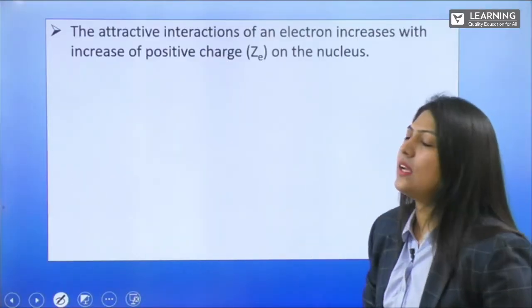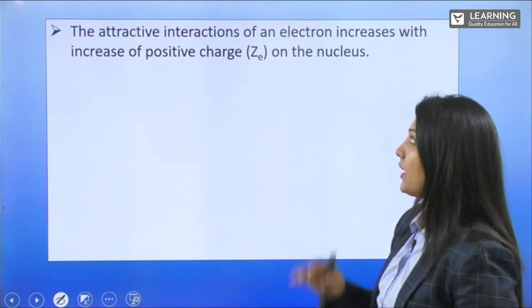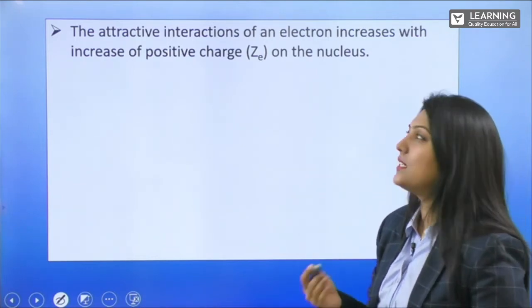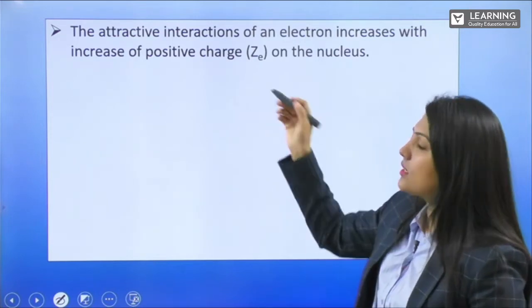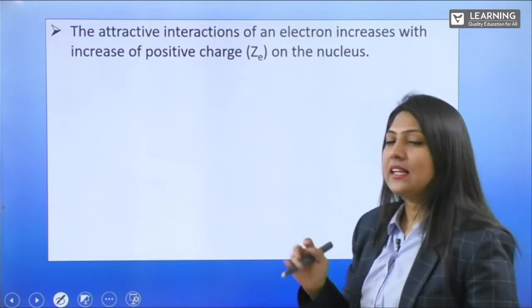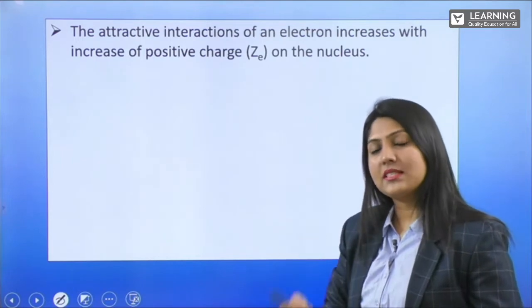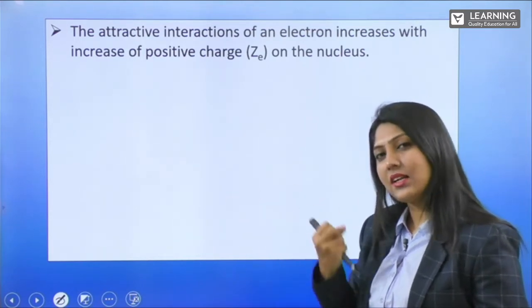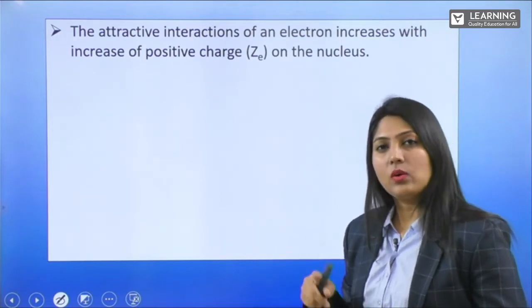Understood? Good. Next we are speaking about the interaction of an electron, which increases with an increase of positively charged particles. And how does it increase? What is Ze? That is the number of protons present in the nucleus. As that charge increases, the attraction towards the orbit also increases.